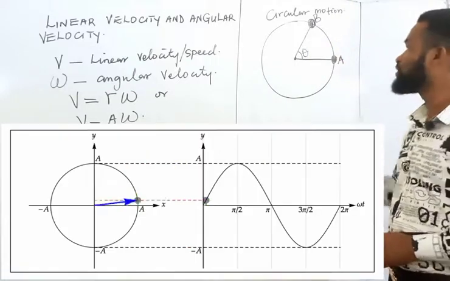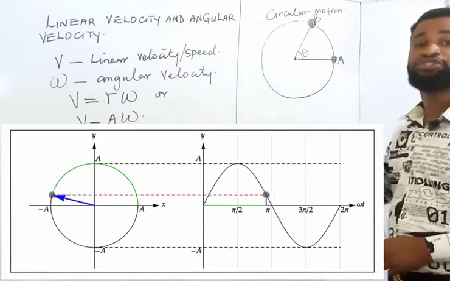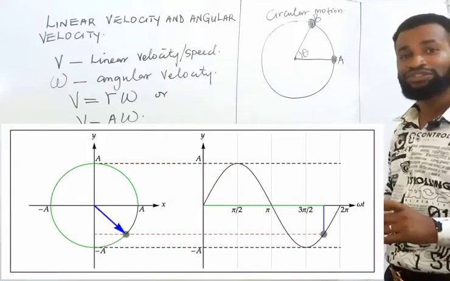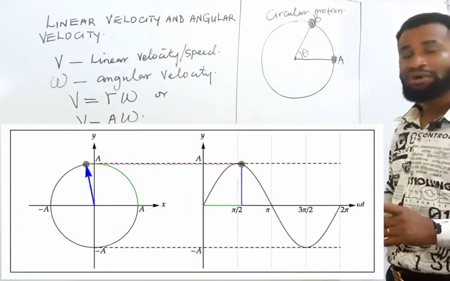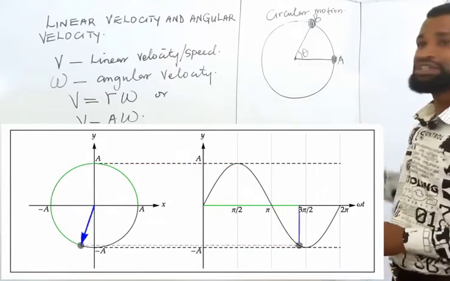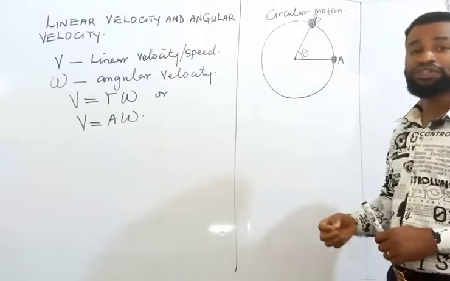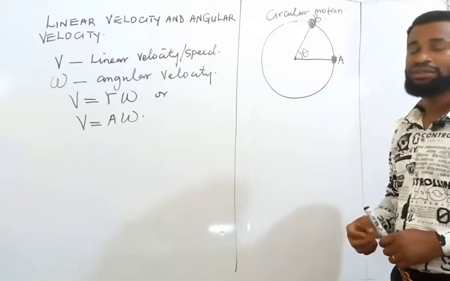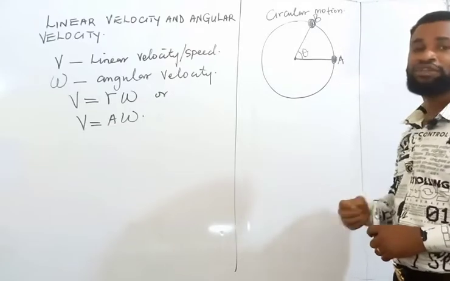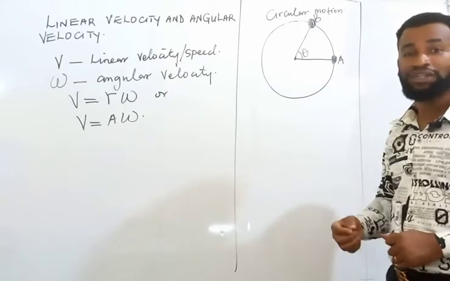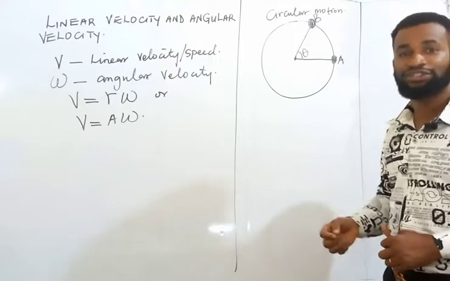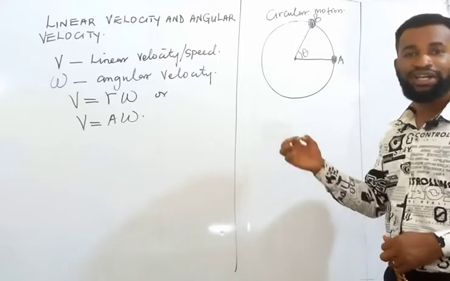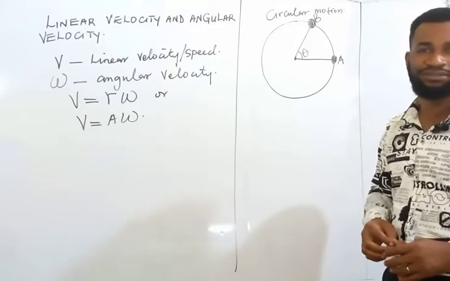The only difference between circular motion and simple harmonic motion is that the acceleration of the circular motion is not directly proportional to the displacement. Unlike in simple harmonic motion, where acceleration is directly proportional to the displacement, and the acceleration of the moving body is always directed towards the center of the circle.